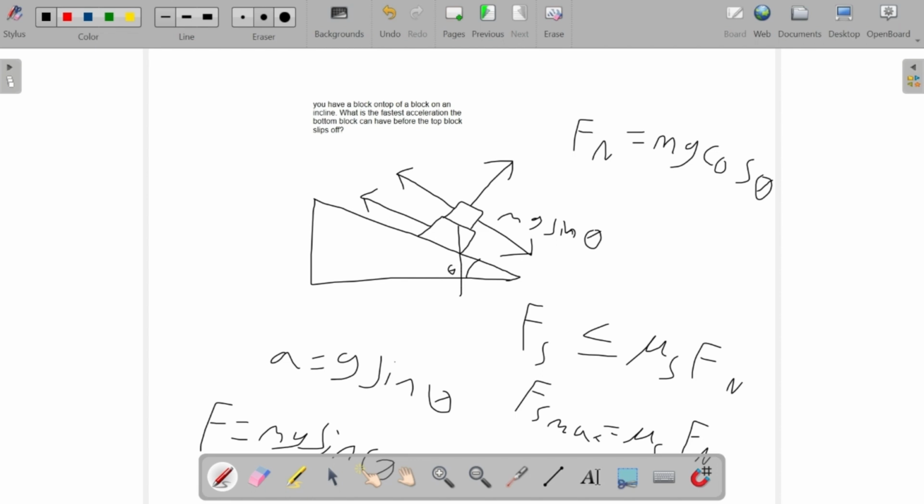Because remember, this is the original mg value, and then we turn it into two components. This component is equal to mg sine theta, because it's mg times the sine of theta. And this component is therefore equal to mg cosine theta.